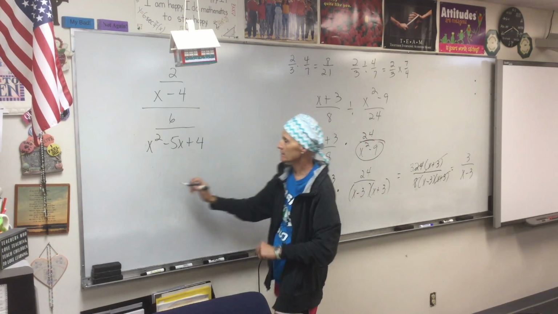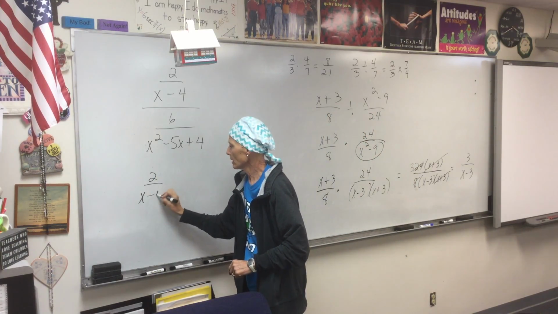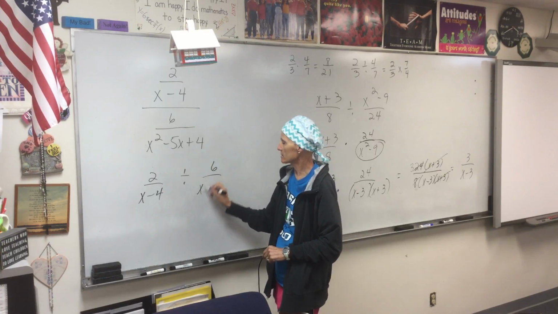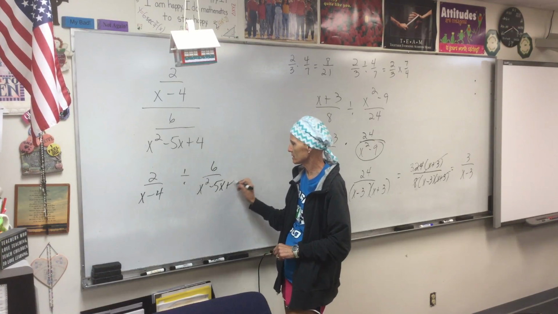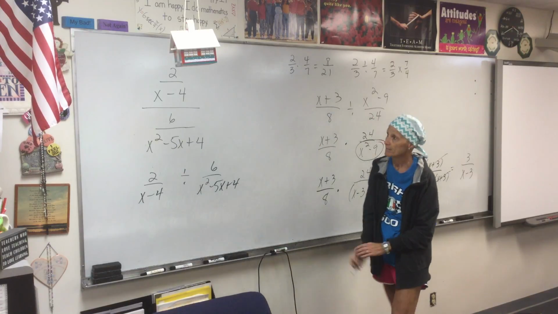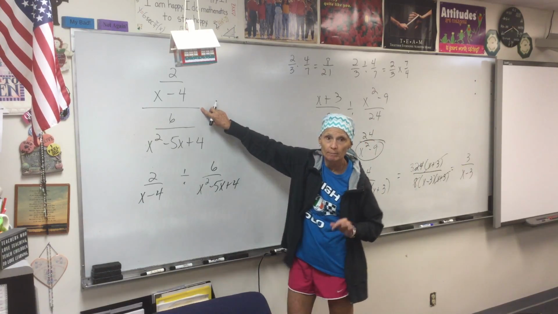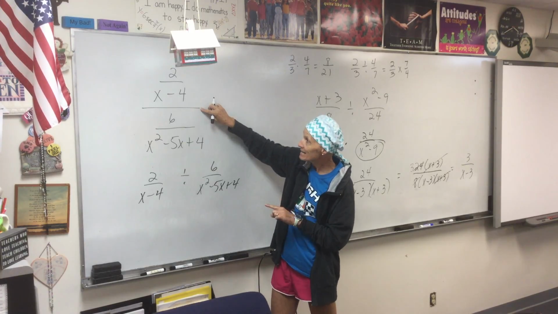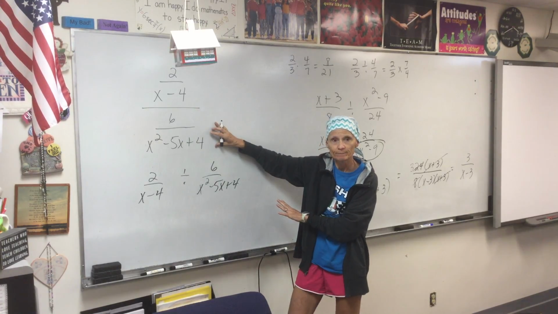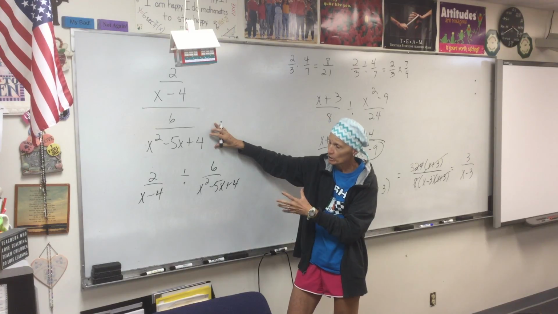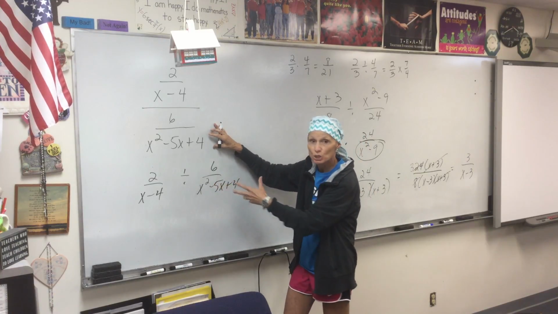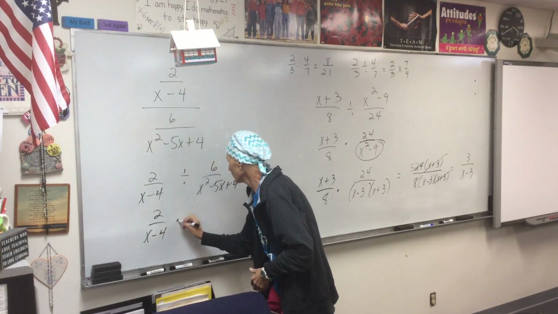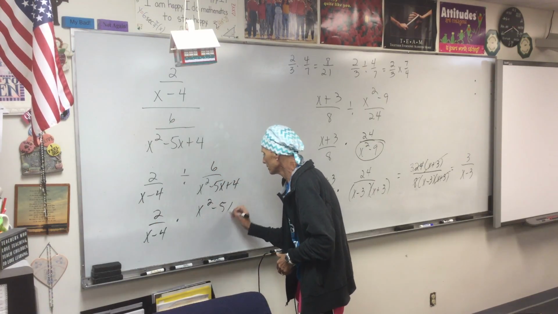This is exactly the same as 2 over x minus 4 divided by 6 over x squared minus 5x plus 4. This is a division bar. So it's this fraction divided by this fraction. Well, we just talked about it. When you have a division of fractions, you turn the second one over and multiply.